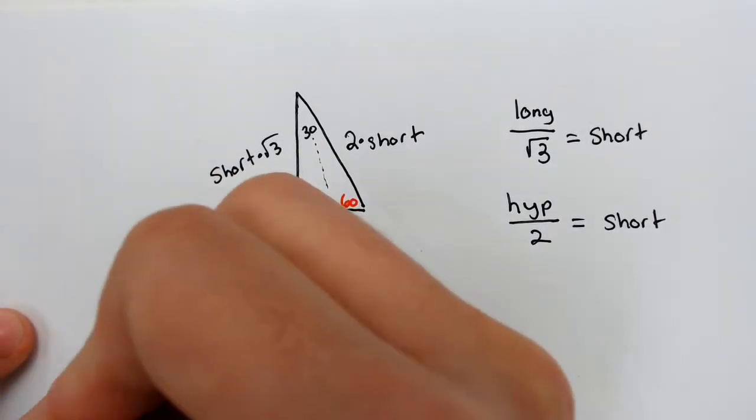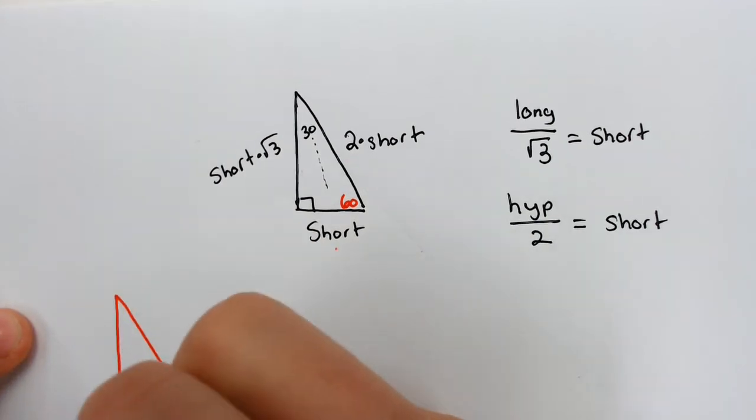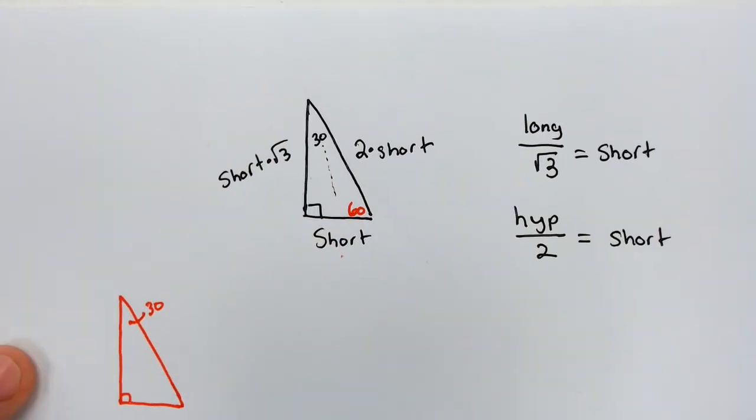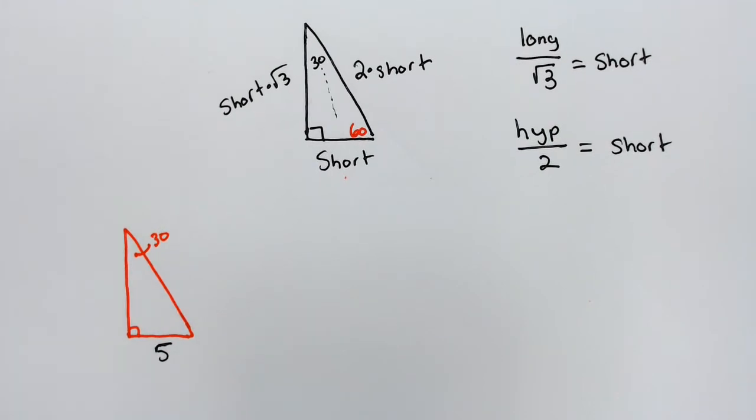So our first one, I am going to give you the 30 degrees here, and I am going to give you that this part right there is 5. So we have the short side. The 5 is the short side, which is great, because if we have the short side, everything else is going to be easier.